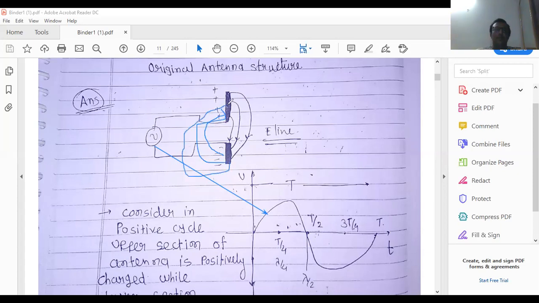This is the waveform, it can be like that, and at t equal to 0, the waveform creates a closed loop.